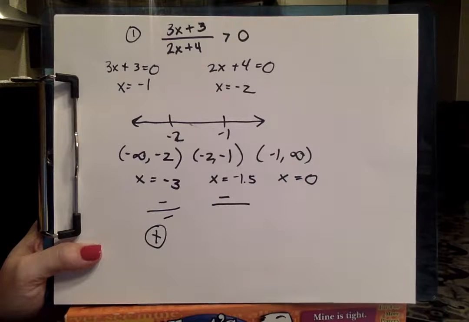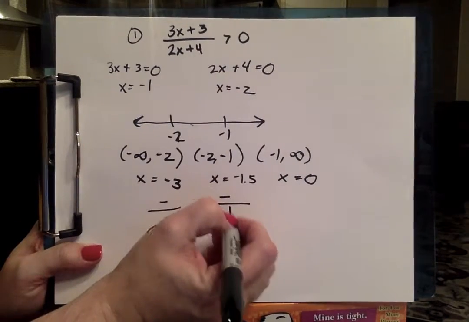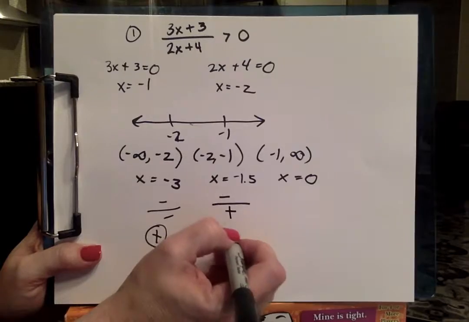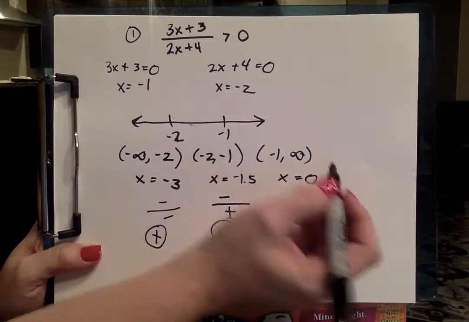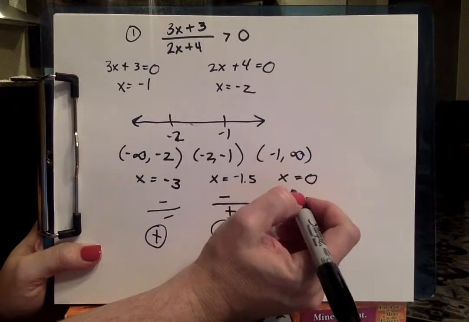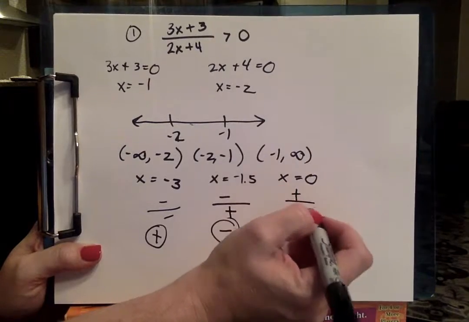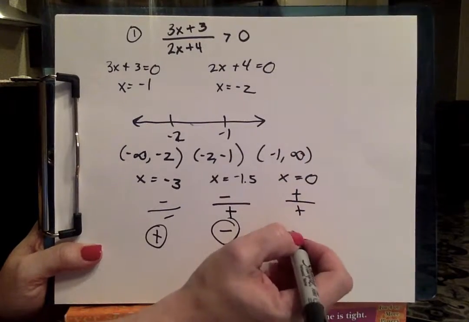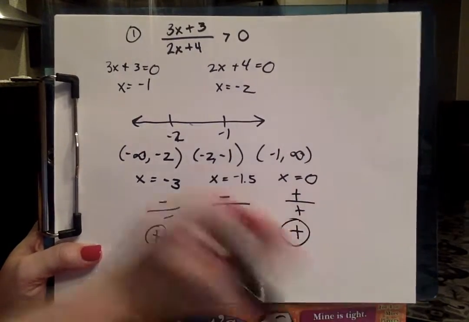Okay, on the bottom, I'll have 2 times -1.5, which will be -3. -3 plus 4 would be positive. Negative divided by positive is negative. And when I put 0, I'm going to get on the top 0 plus 3, which is positive, over 0 plus 4, which is positive. Positive divided by positive is positive.